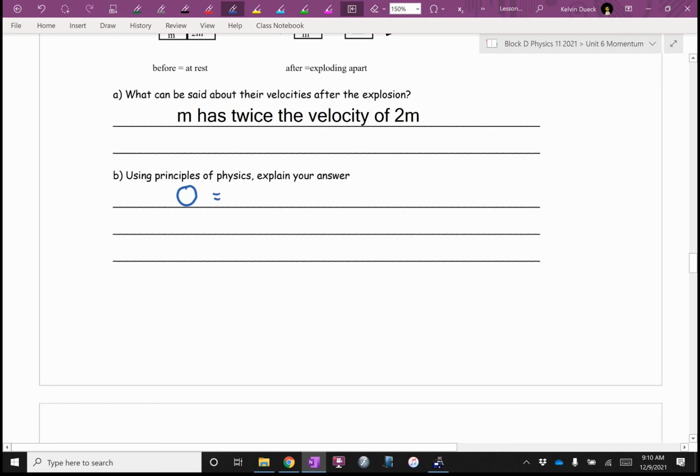One side is the before, one side is the after. I guess we're going to have little m, its velocity, plus 2m, its velocity. That's really confusing with lots of m's and 2m's. I should have gone with a and b, but that's okay.